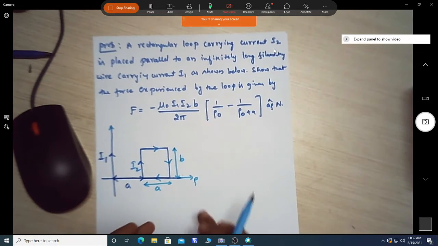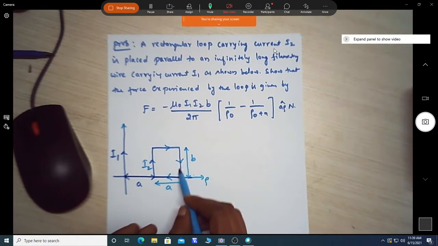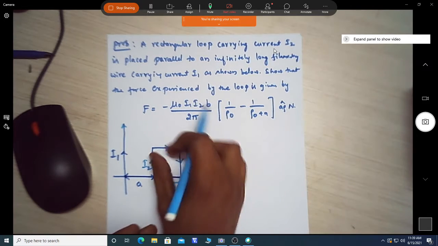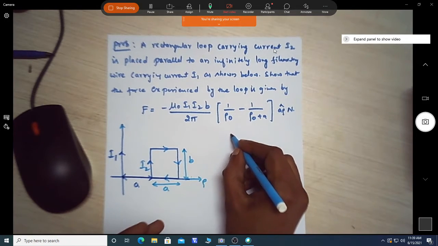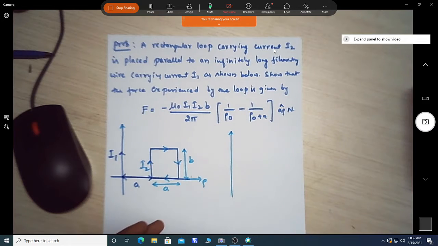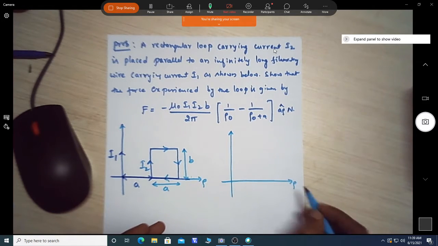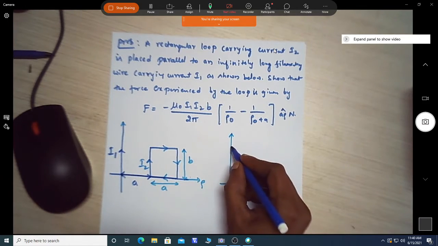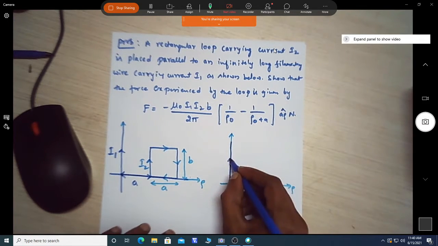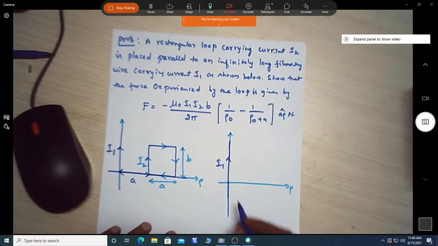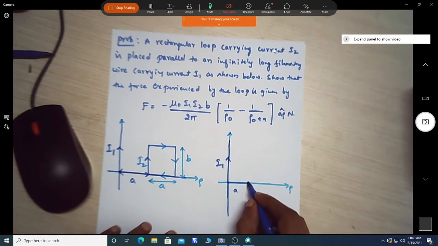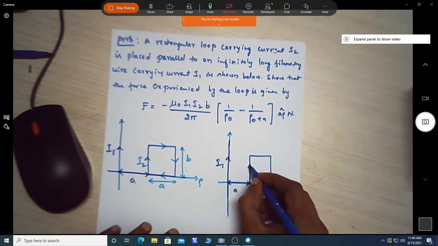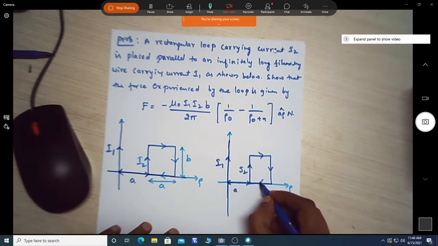Now we can assume the current elements through the loop as F1, F2, F3 and F4, the forces exerted by these small current elements. Let us write that one. In the rho direction we have the current element I1, and at distance A the loop carrying current I2.